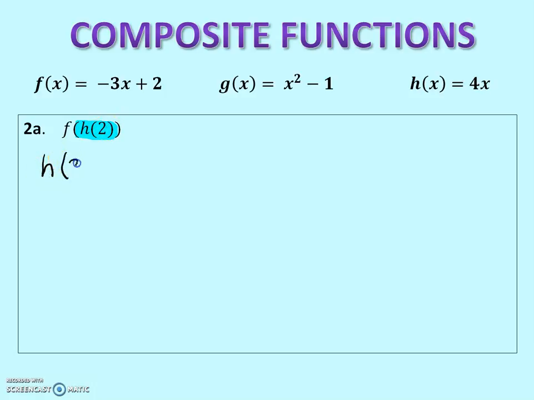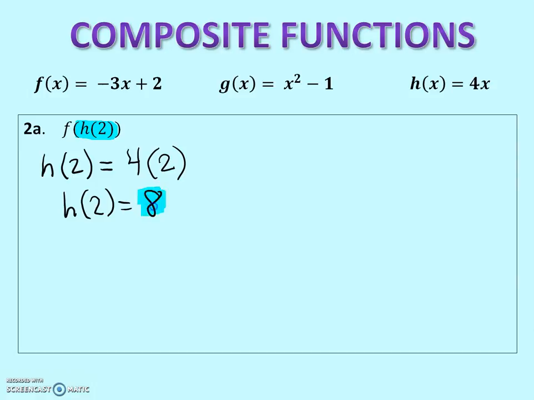We're going to find h of 2. 2 is our new input, so we're just plugging in 2 where x is. So we get that h of 2 equals 8.